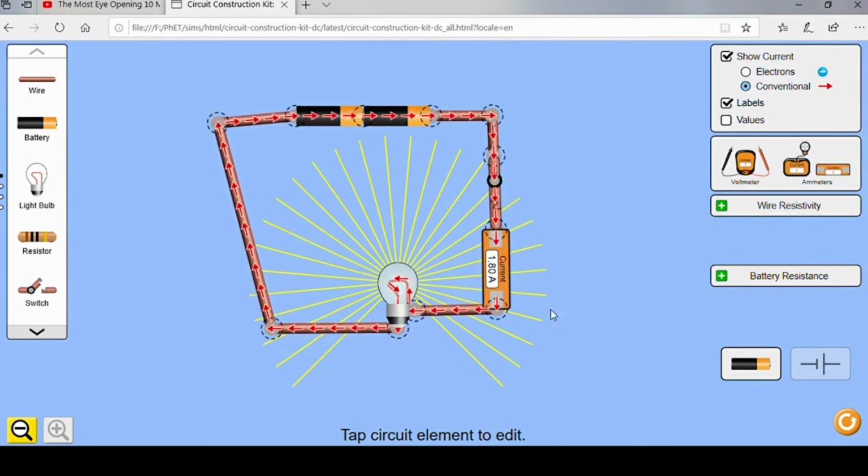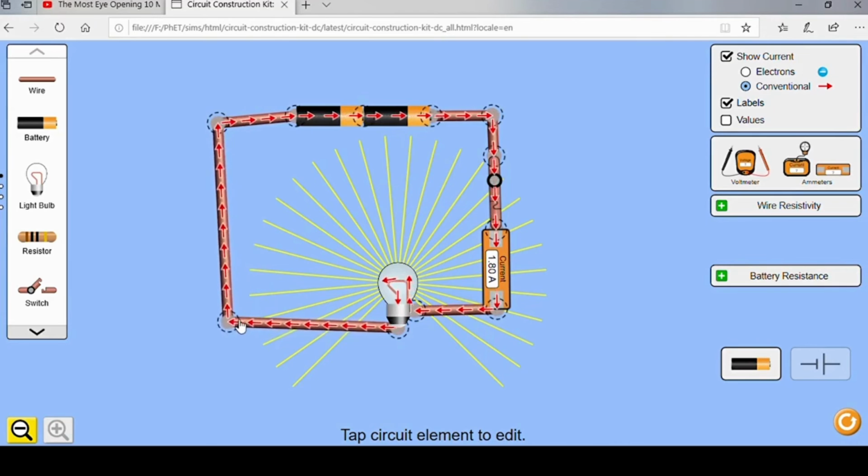Also, the reading of the ammeter there has increased from 0.90, which we initially had, to 1.80 as the reading for current. So the rate at which current is flowing is dependent on the amount of energy being supplied by the battery or the cells.